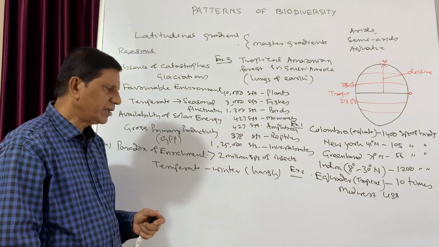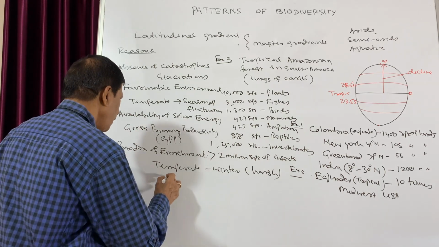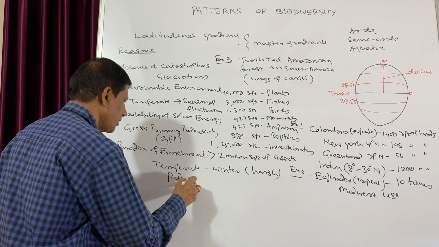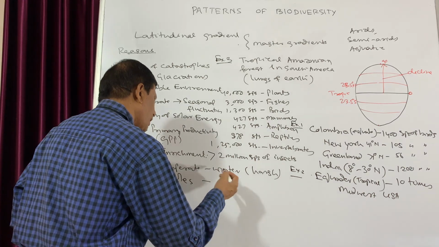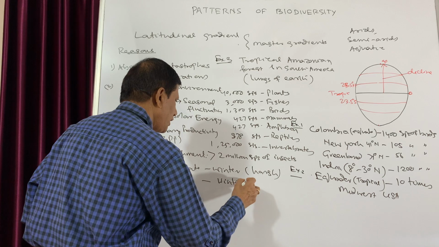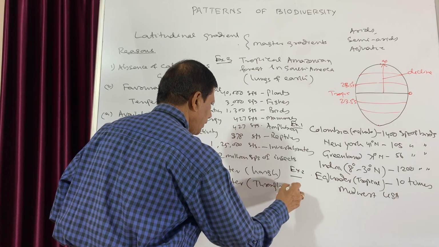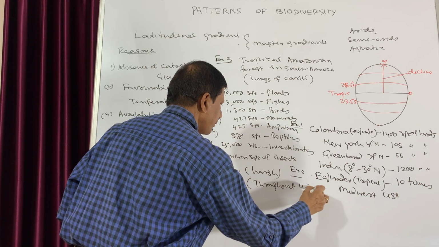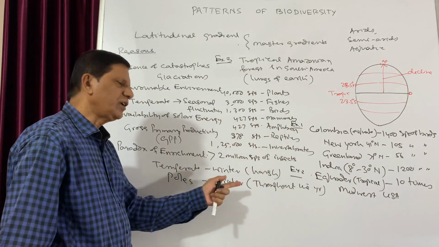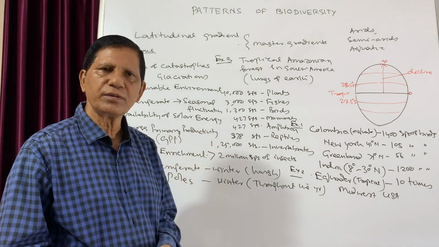That is why the deciduous plants shed their leaves. If you move towards the poles, most of the time winter is throughout the year. So when winter is throughout the year, naturally harsh conditions are found.